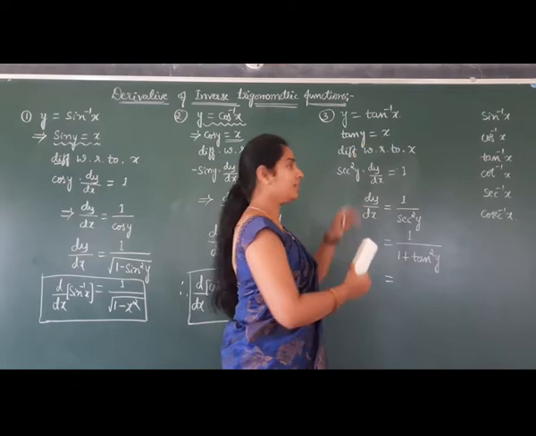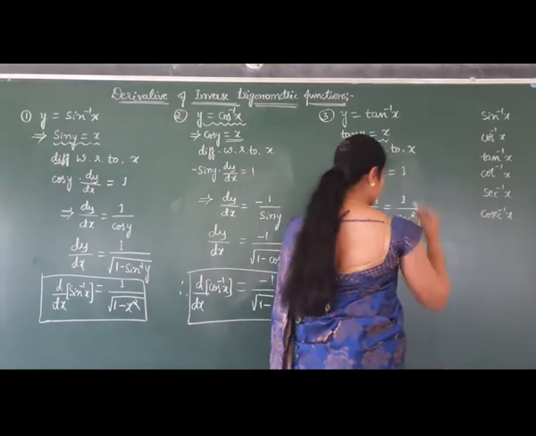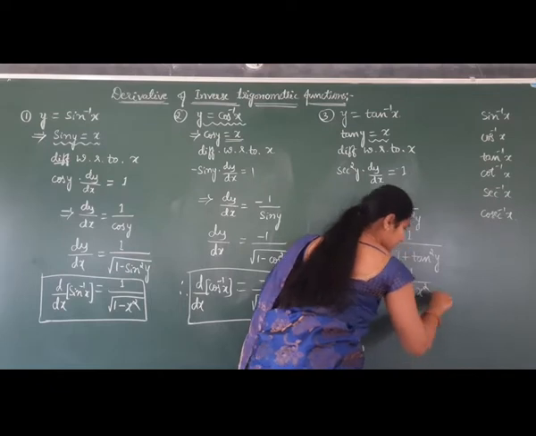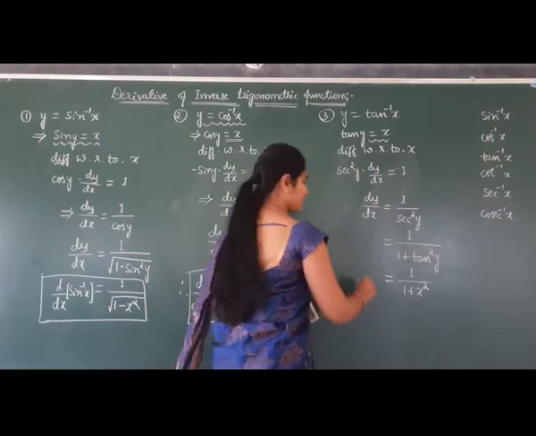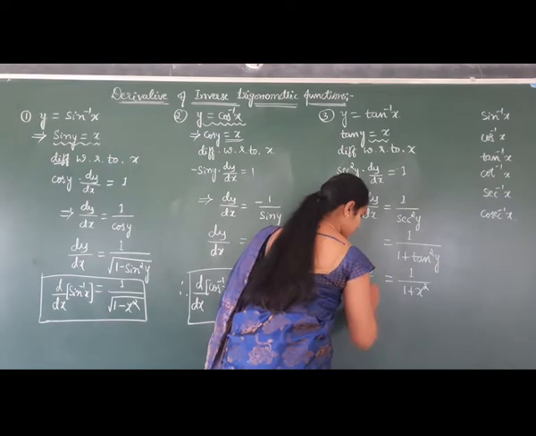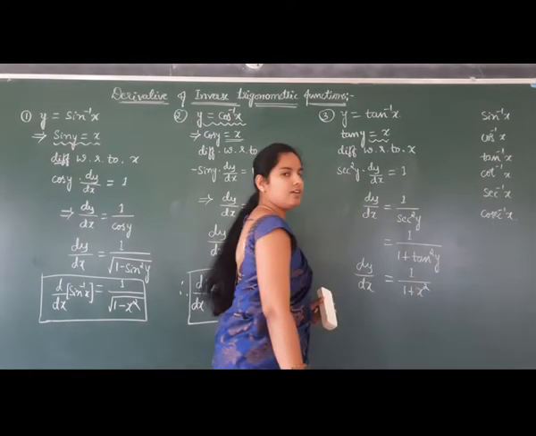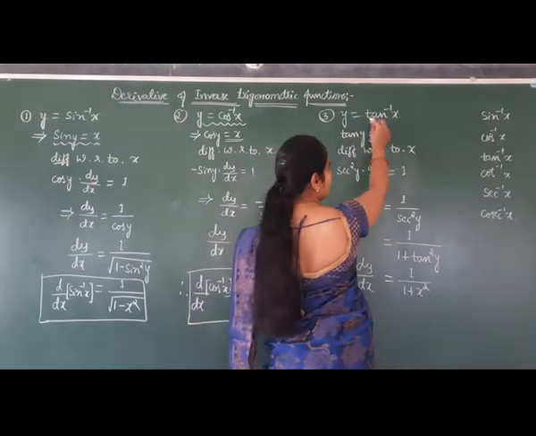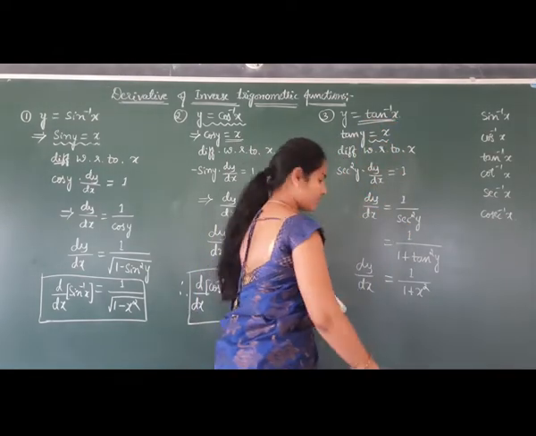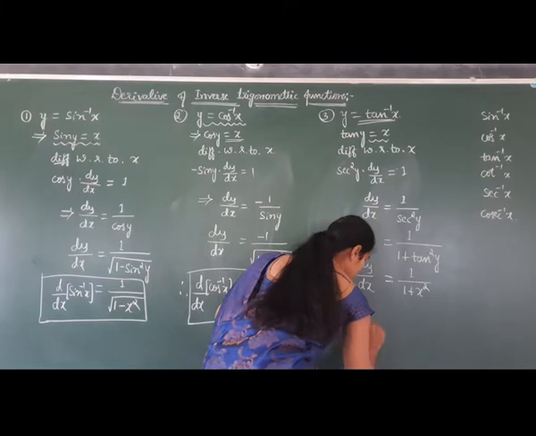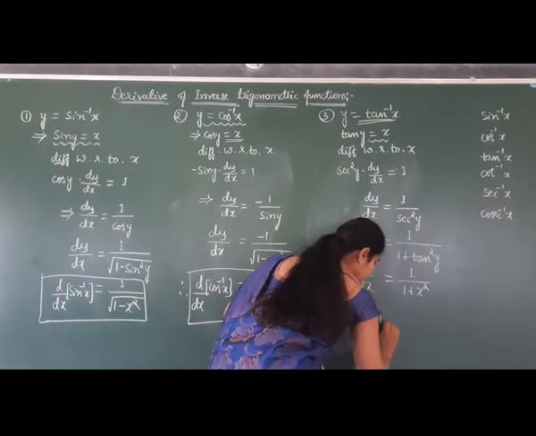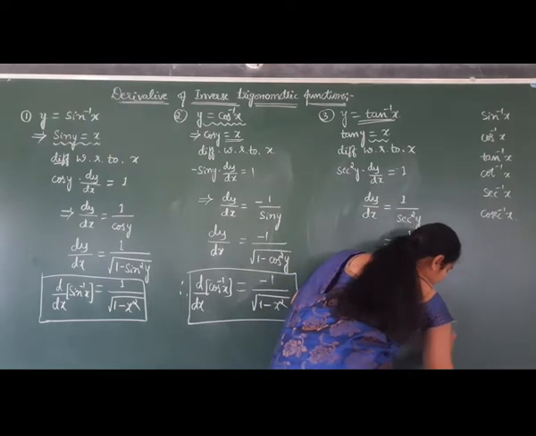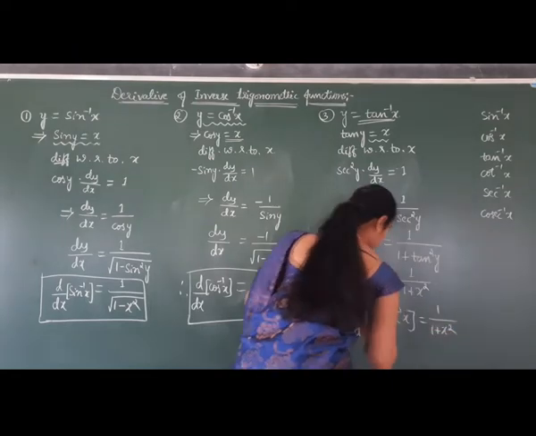X. So tan y is x. So then we have 1 divided by 1 plus x square. So dy by dx is equal to 1 divided by 1 plus x square. What is y here? Tan inverse x, right? So therefore derivative of tan inverse x with respect to x is 1 divided by 1 plus x square.